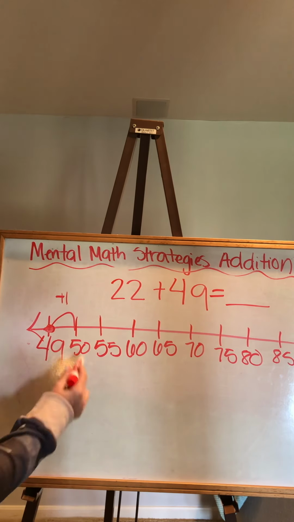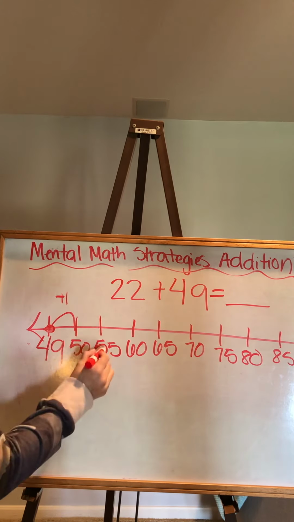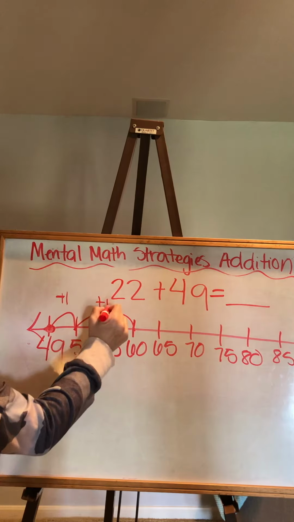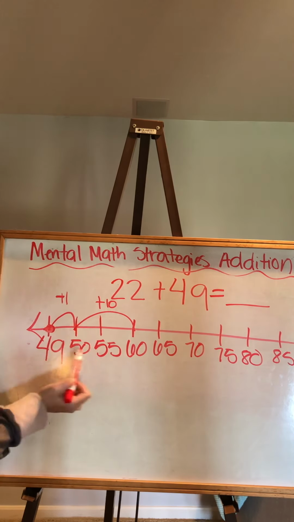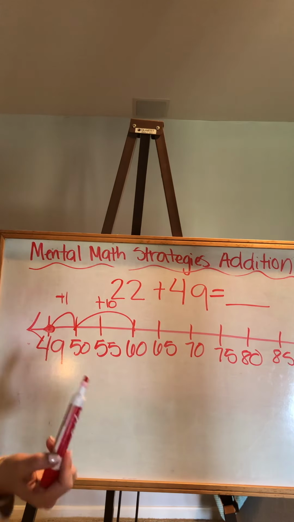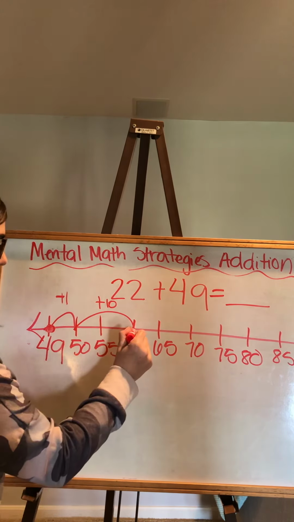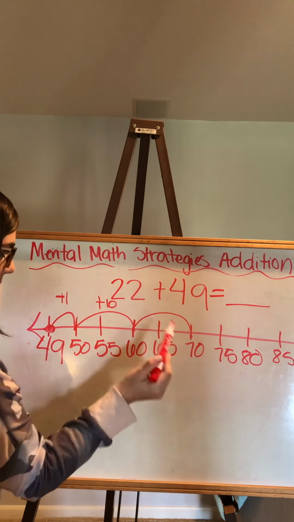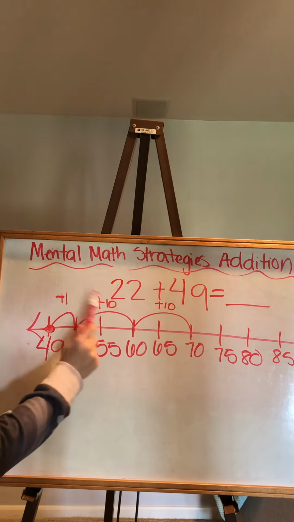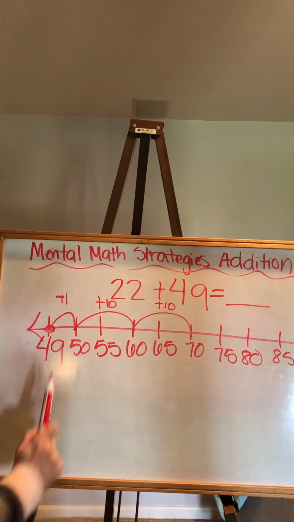So let's jump by 10. If we're on 50, to jump 10 spots, 5, 10, I'm going to go like that. And you're going to put a plus 10 up there so that you can add as you go and you don't go over 22. So now we've done 11. So we can do 10 more. So we're on 60. 10 more than 60 is 70, so plus 10. Now we have 10 plus 10 is 20, and plus 1 is 21.